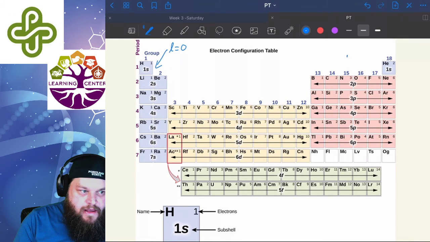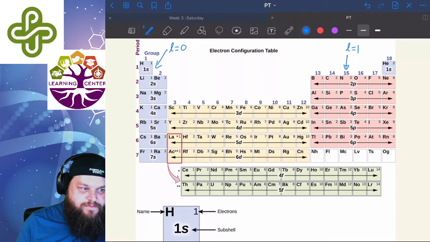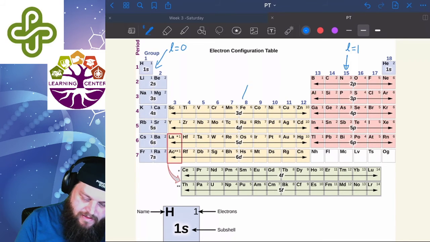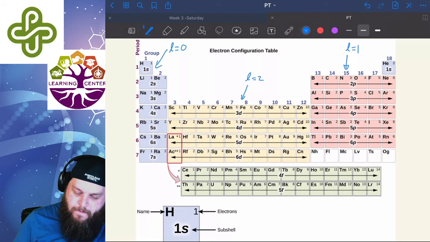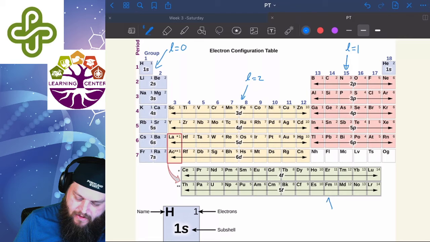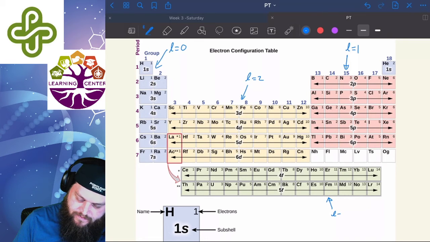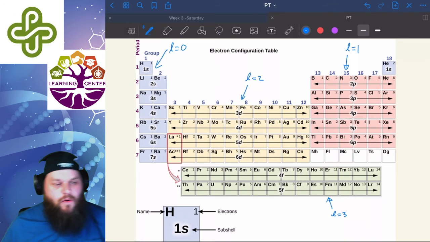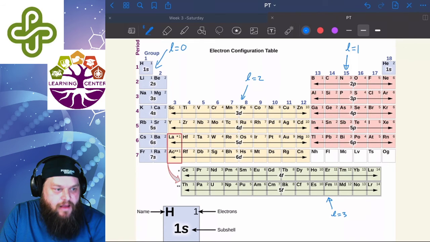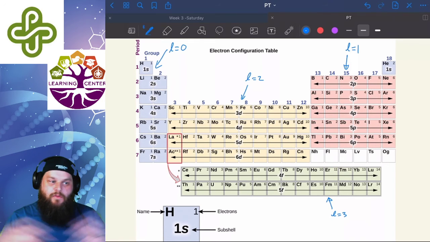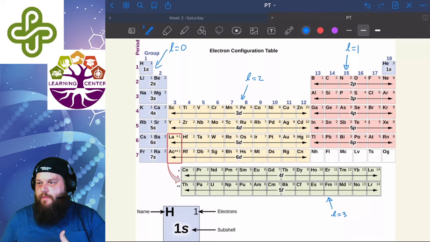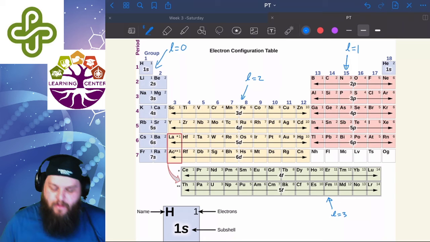Everything here in the P block is L equals 1. Everything here in the D block, it's L equals 2. The F block down here, it's going to be L equals 3. And we don't currently know of any atoms that are up into L equals 4, L equals 5, or bigger than that. That covers the entirety of the periodic table that we know of.